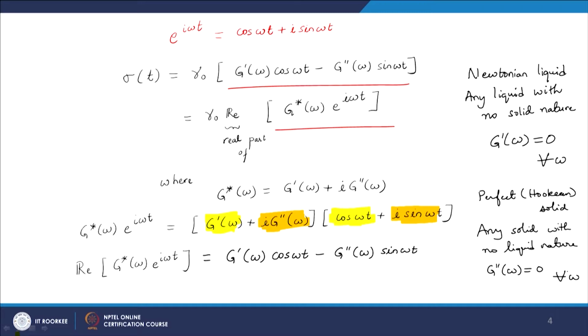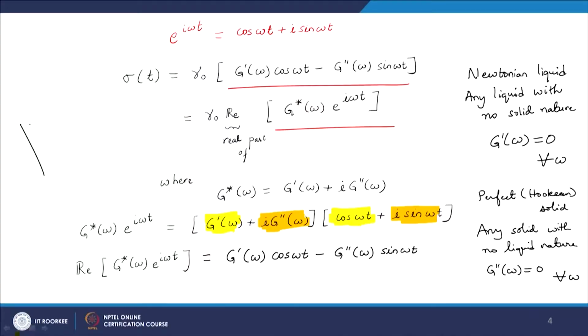For the polymer systems, we always get some finite values for G prime omega and G double prime omega that characterize the fact that polymers are both a liquid like material and a solid like material. Depending on the relative magnitudes of that, we can comment on how liquid like or solid like that is. So, let us say if I look at something of this sort, this tells me the solid like nature divided by the liquid like nature.